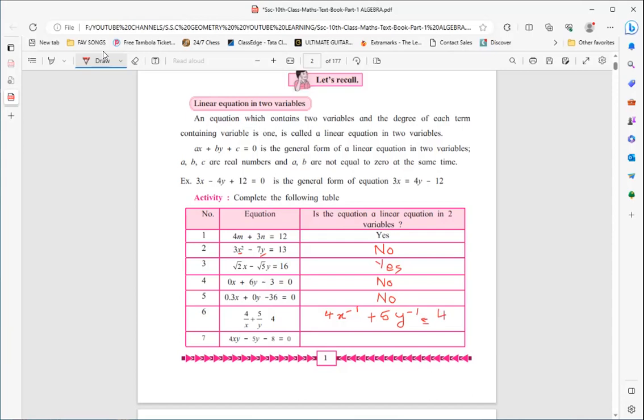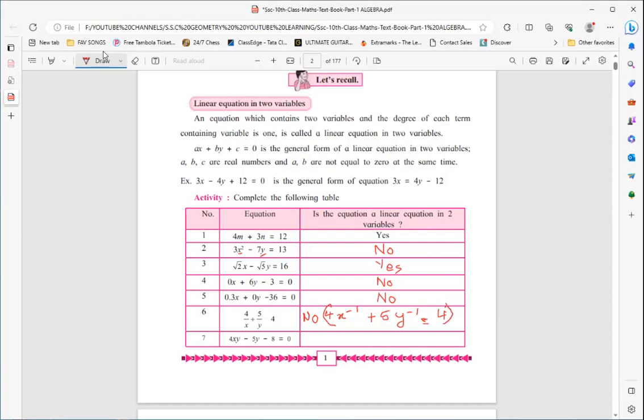So is the index 1? The degree of each term should be 1, but in this case it is minus 1. The degree of x is minus 1 and y is also minus 1. So the answer to this will be no. This explains why it is not.